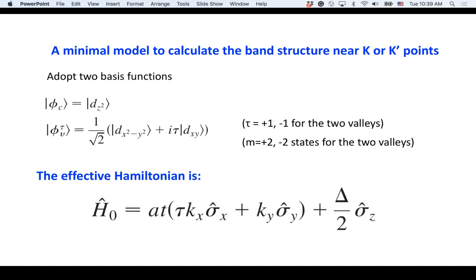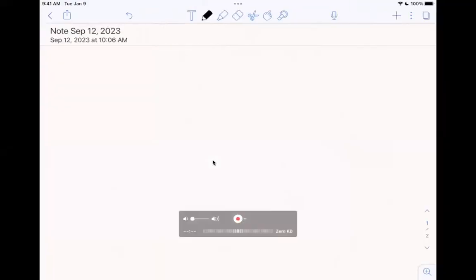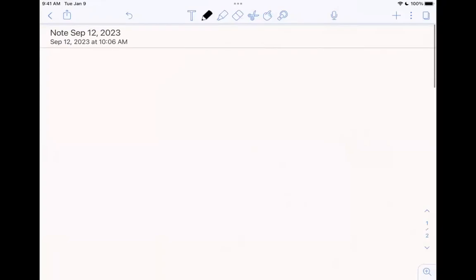Okay, then I'll start to derive it. First, we're going to use something called the KP approximation.